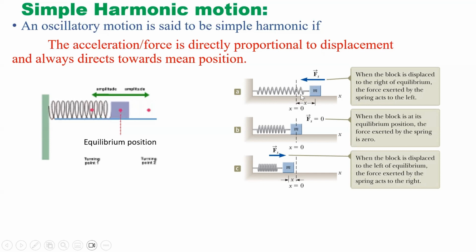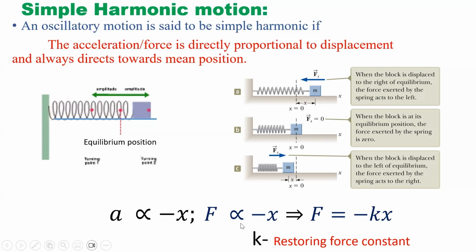In this case, if you observe the first case here, the force is acting towards the equilibrium position. And in this case also, the force is always acting towards the equilibrium position. And that force is directly proportional to the displacement x. So F is proportional to x. But it is opposite to the direction of displacement. That's why we can make it minus here.